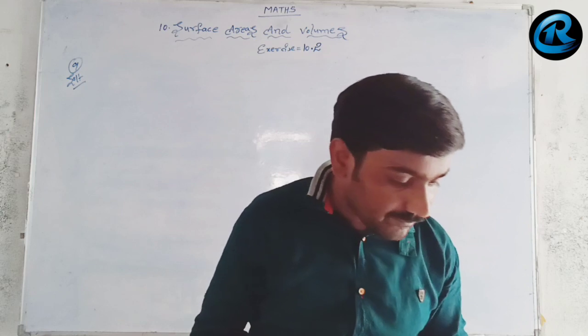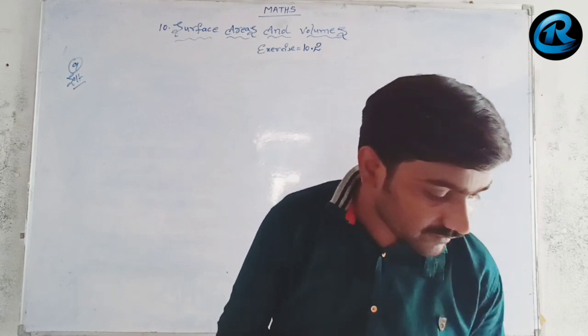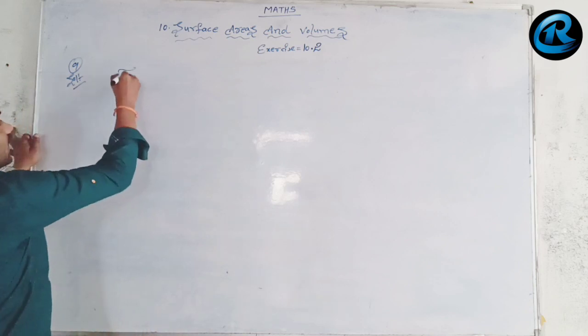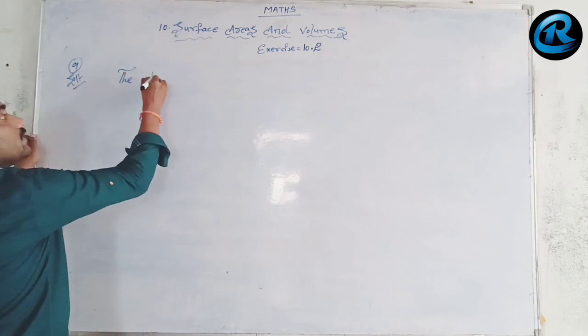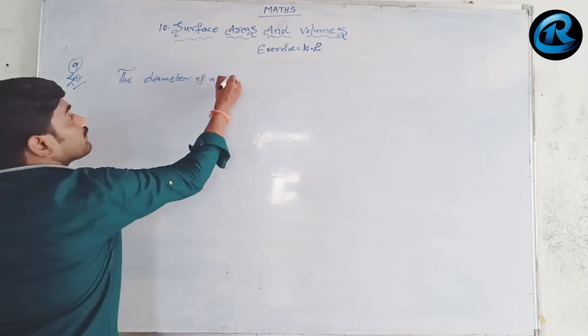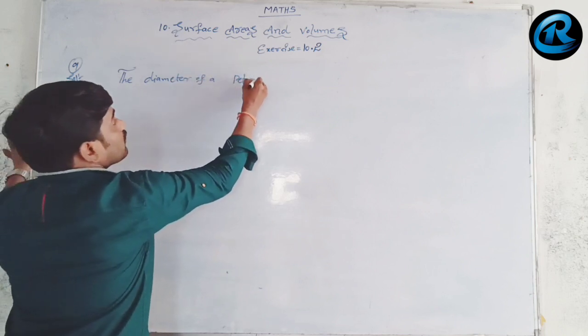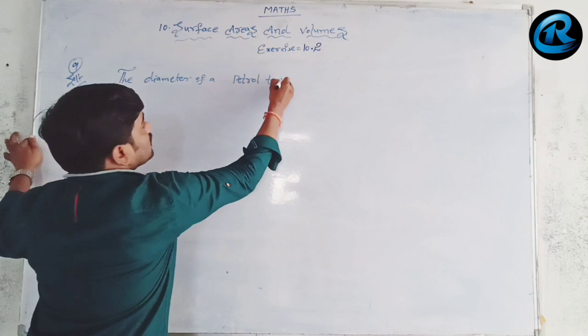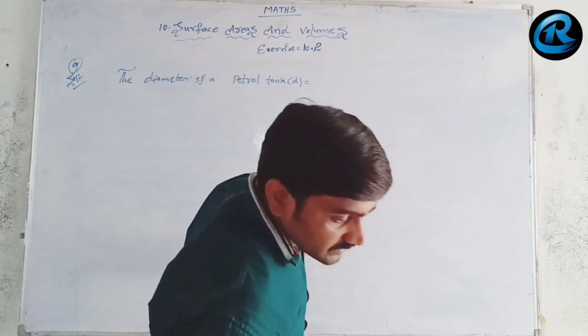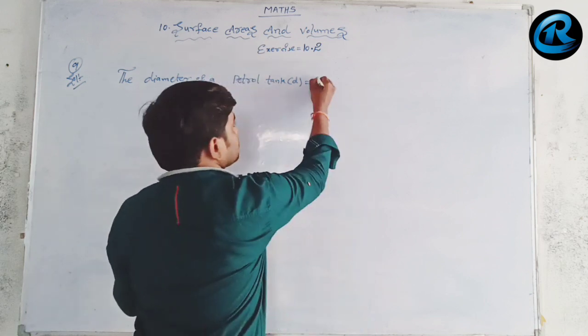So the diameter of the petrol tank is given, D equal to 4.2 meters.